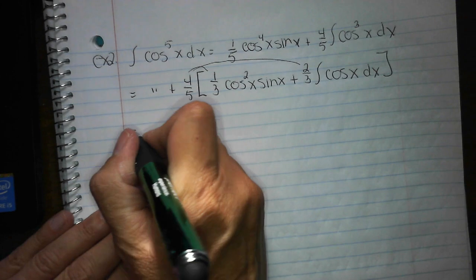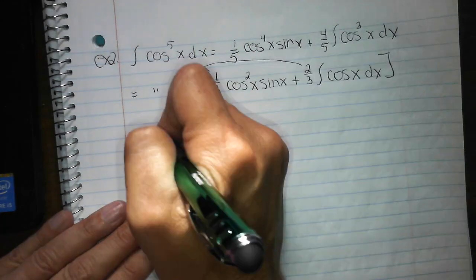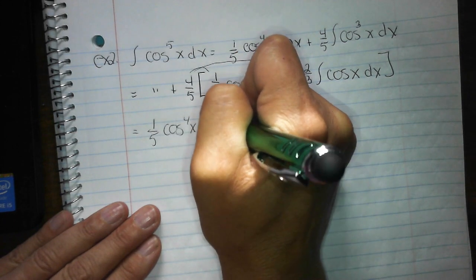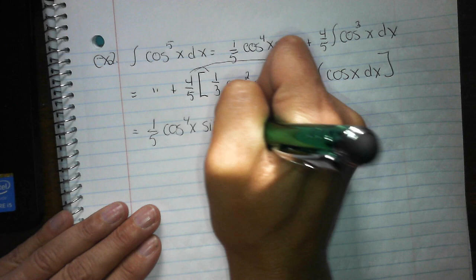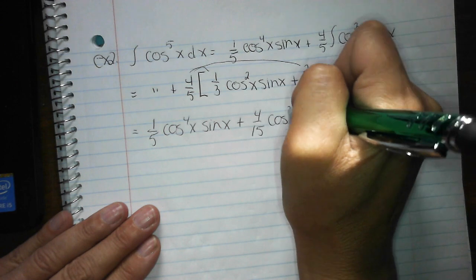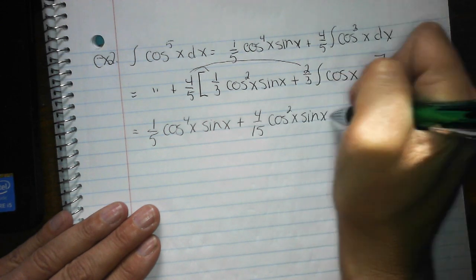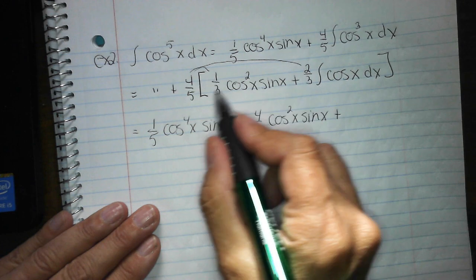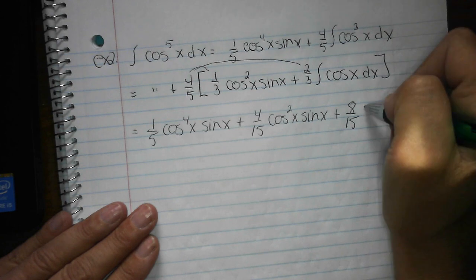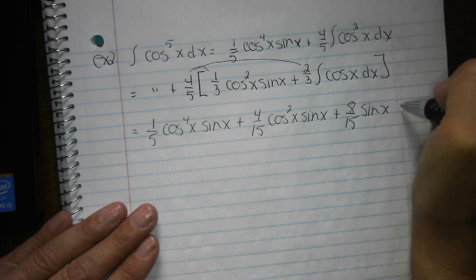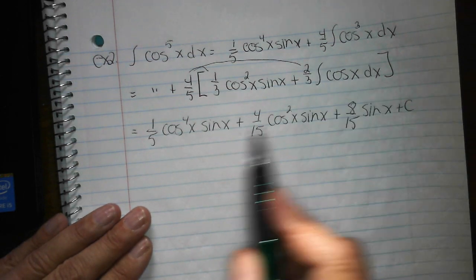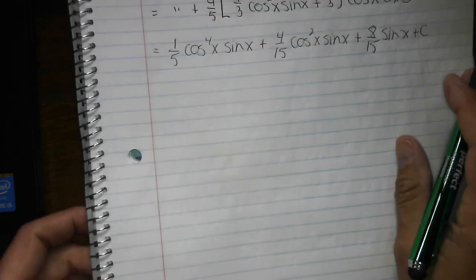So our final answer is going to be this first term that I did out, plus, now I'm here, this will be 4/15 cosine squared x sine x, plus this will be 8/15, and then the antiderivative of cosine is sine, and a plus c. So you're just going to keep repeating the reduction formula until you're all the way down to your final answer. Let's try one more.